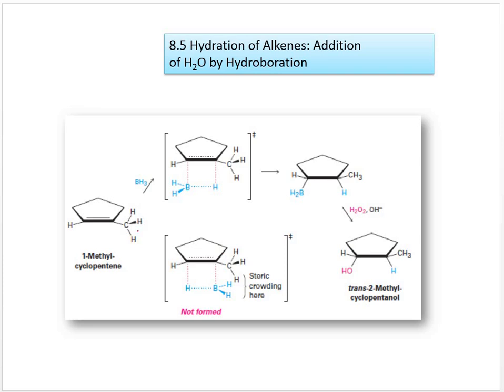Why? Because there is a methyl group and this carbon is sterically crowded, so it will not be easy for BH2 to be added to this part, but hydrogen can be added here and BH2 can be added to the carbon with more open space or sterically less crowded place. That's the reason why we get non-Markovnikov.